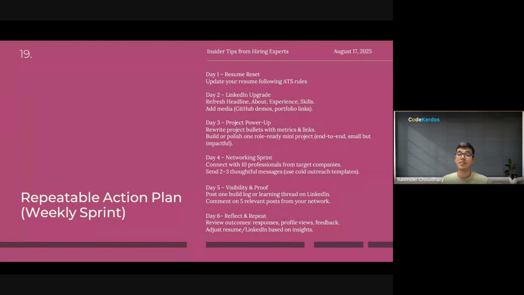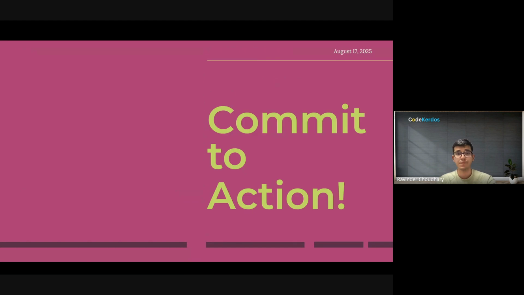You'll see an increase in the number of people who are viewing your profile and reaching out to you. But this is not a one-time activity. This is a regular sprint where you repeat this process over and over every week. So follow this and you will increase your visibility and you'll see a good increase in the number of recruiters specifically reaching out to you.